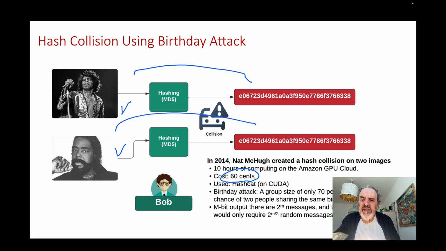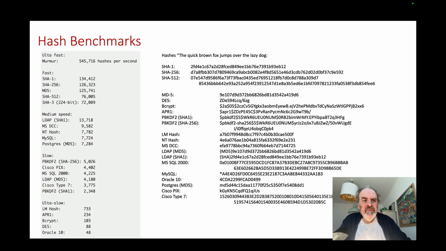It only cost 60 cents, and it ran with Hashcat on the CUDA core. And it's basically related to what's called the birthday attack. With the birthday attack, you only need 70 people in a room, and you'll find that there's a 99% chance that two people will share the same birthday. And Nat even did it with three images later on.